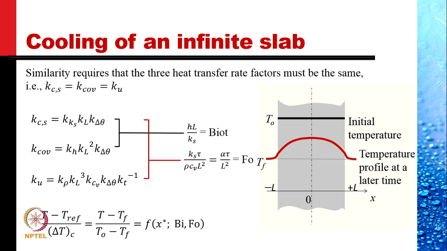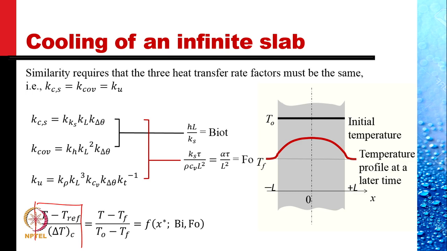So, the normalized dependent parameter, which here would be T divided by T ref, reference temperature, divided by the characteristic temperature difference.